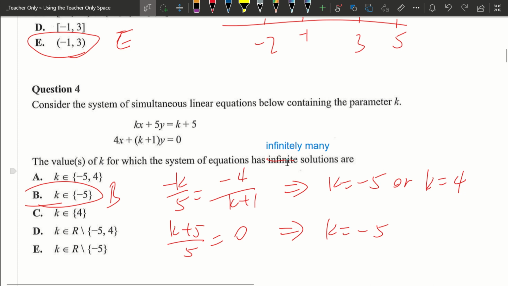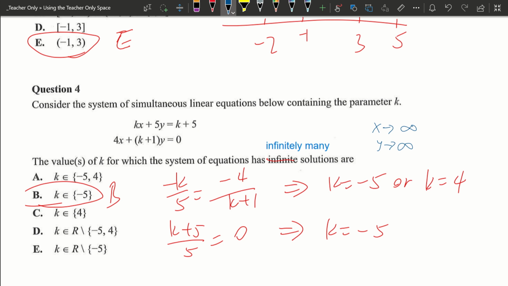Infinite solution isn't really a rigorous phrasing in math. So math is a language, right? Math has its own terminologies, grammar, phrasing, and rules. It's a language in itself. So when they say infinite solution, I don't know if they mean the solution is x goes to infinity and y goes to infinity. Right?